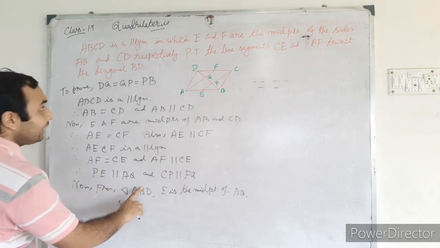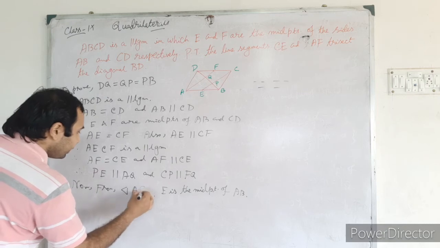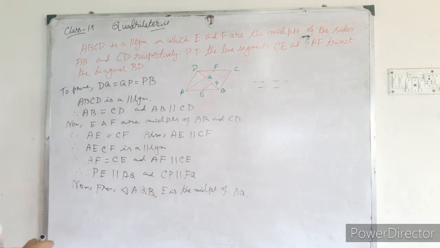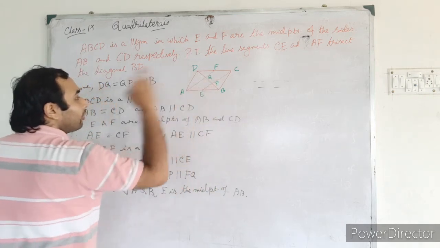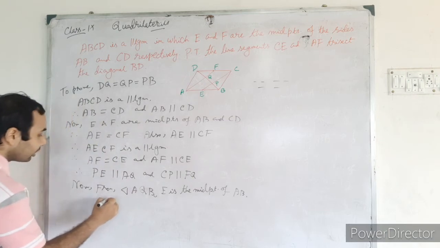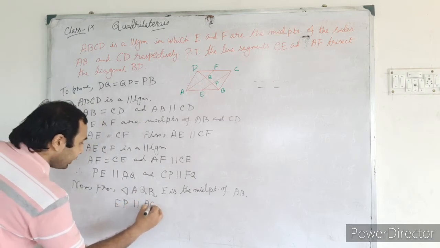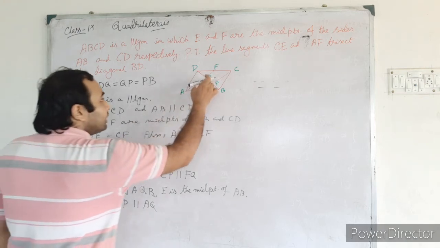Okay, we are taking AQB, the triangle AQB. This is the triangle now. So E is the midpoint of AB. We have got, it is given there. Another thing we have proved, that is EP is parallel to AQ. So this is the triangle.